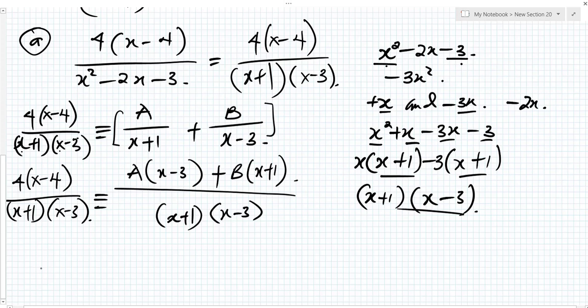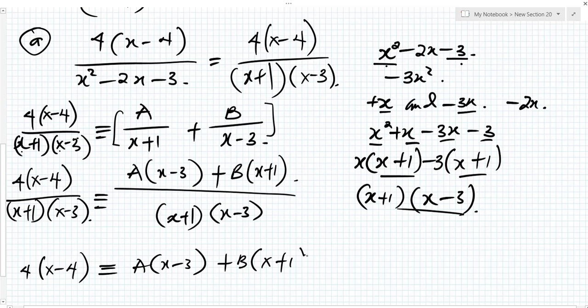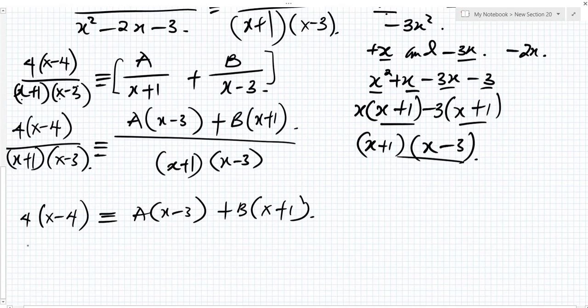So equating the numerator of both sides, you have 4 into x minus 4 equivalent to a times x minus 3 plus b times x plus 1. Now to solve for b or a, I'll let x equal 3. If x is equal to 3, this term will go off, so I will eliminate a.